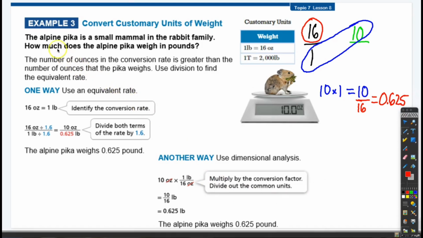So this little Alpine Pika weighs 0.625 of a pound. Cool. And they do the dimensional analysis. Boom. And then they show you right here the same thing that I did with bat and ball.